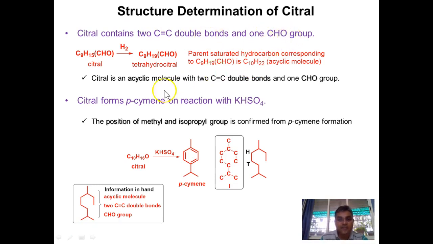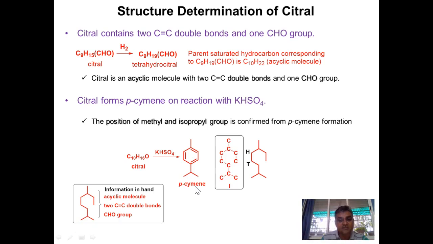Now let us see one more important piece of evidence about the skeleton of the citral molecule. When the citral molecule was subjected to potassium hydrogen sulfate, there is a formation of p-cymene. At that time, the chemists had very good literature about aromatic compounds, and p-cymene was usually formed in dehydrogenation experiments using potassium hydrogen sulfate or sulfur or selenium.